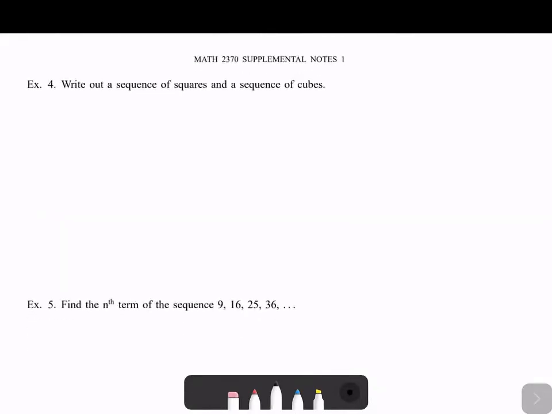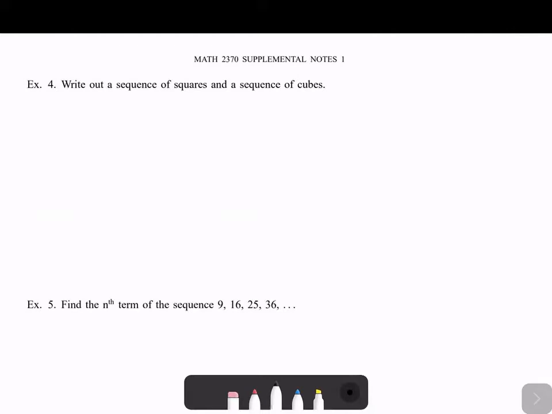So a sequence of squares just is a sequence of squares of numbers. So the most basic sequence you can have is 1, 2, 3, 4, 5, 6, corresponding to the first, second, third, fourth, fifth, and so on position.